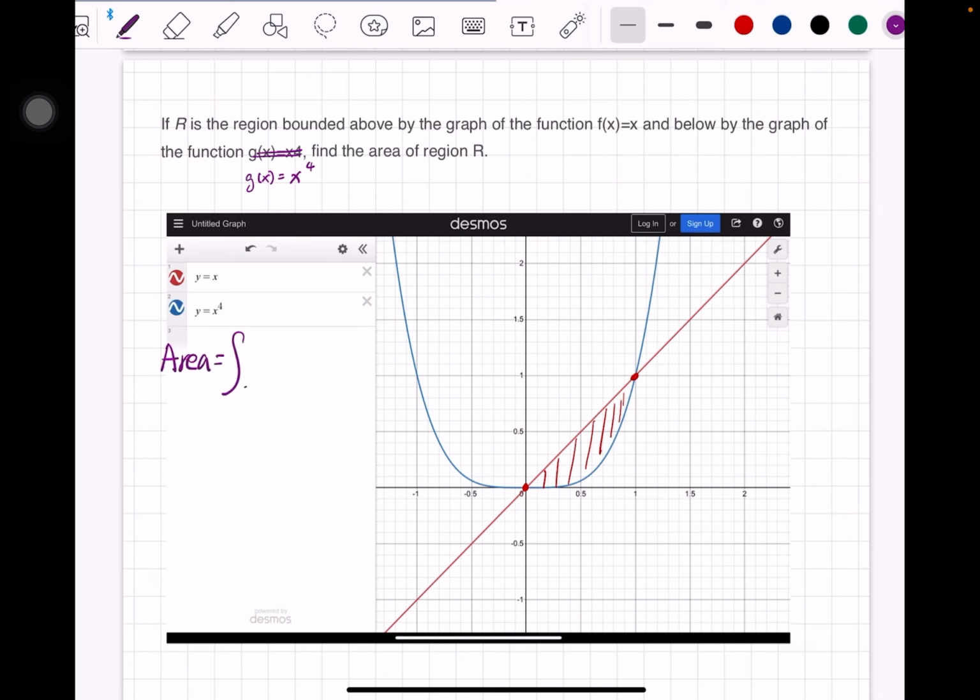So the area is going to be from 0 to 1, because those are the two points where they intersect.